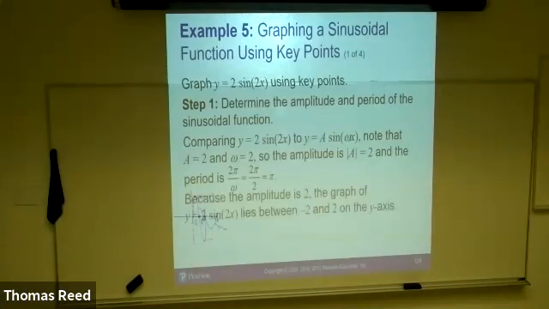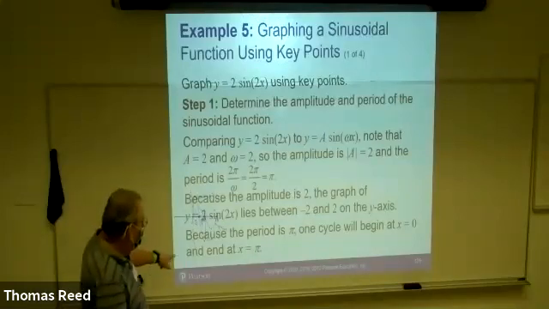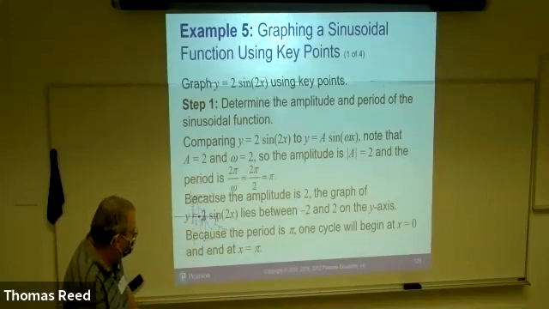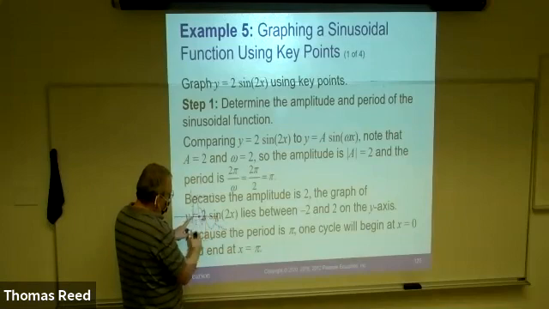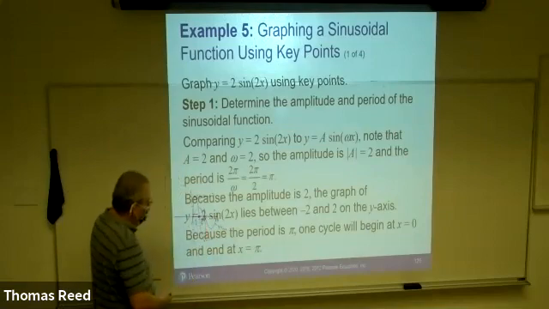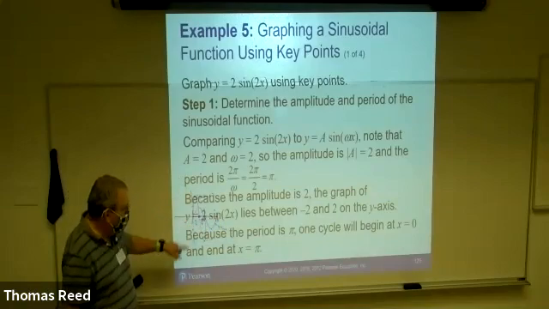Because the amplitude is 2, the graph is between -2 and +2 on the y-axis. And because the period is pi, one cycle begins at 0 and ends at pi. That's what I scoped out here: what happened to my max and min, what happened to my one period. It got cut in half. And then I looked at where my high points and my low points wound up.